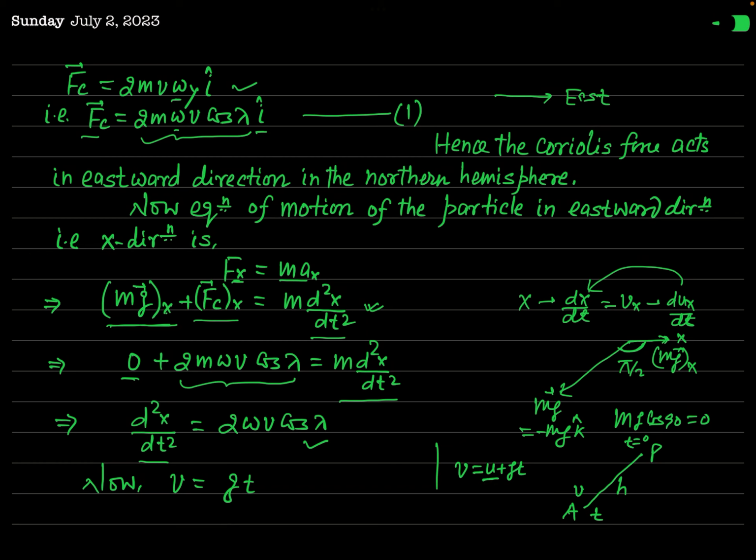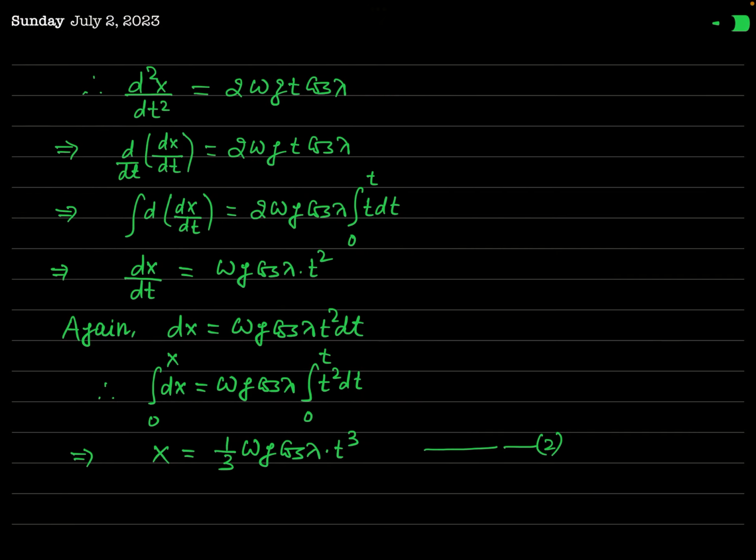But u, the initial velocity of the body, is equal to 0. So V is simply equal to gt. So in place of V, now you can write gt, where g is the acceleration due to gravity. So d2x by dt square is now equal to 2 omega gt cos lambda.